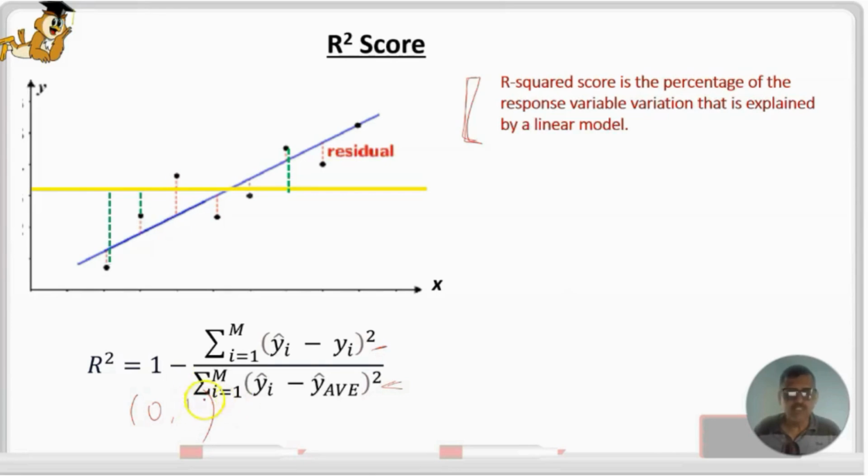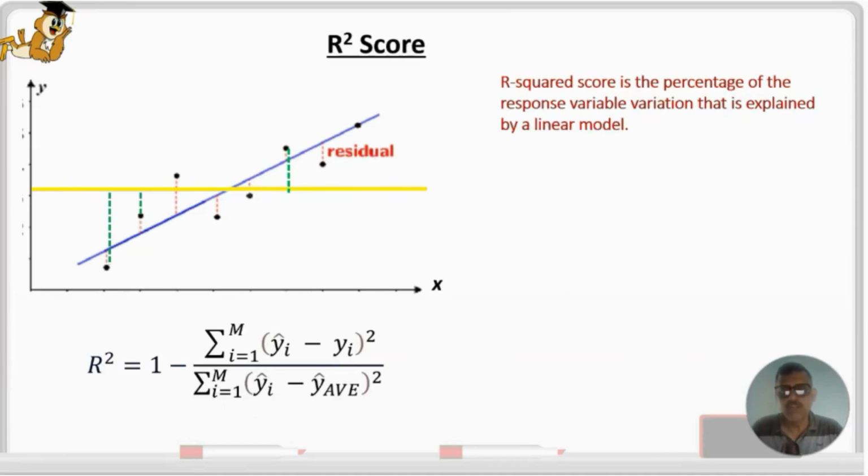The denominator here requires no model. The numerator here requires a model to ensure that this numerator is as small as possible. The R square score therefore is the percentage of the response variable variation that is explained by the linear model.